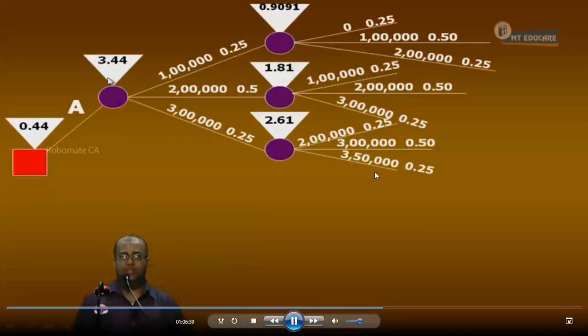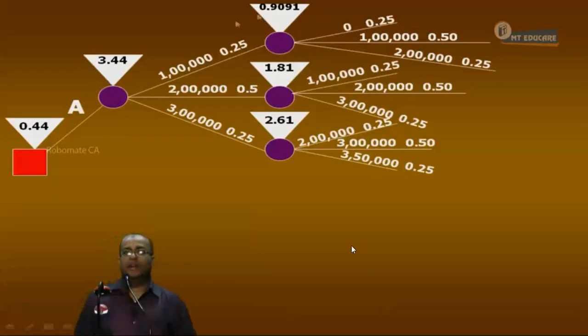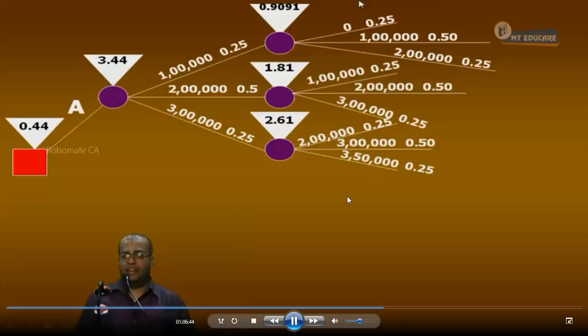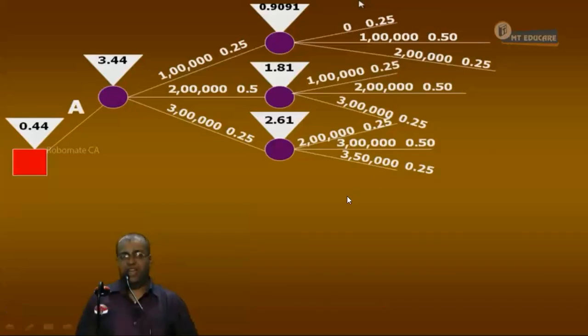Discounted cash inflow is equal to 3,78,478 into 0.9091, and that is at the end of year 1, bringing it to year 0. 3,78,478 into 0.9091 is equal to how much? 3,44,074. We wrote approximately 3.44 lakhs. Respond, yes or no?